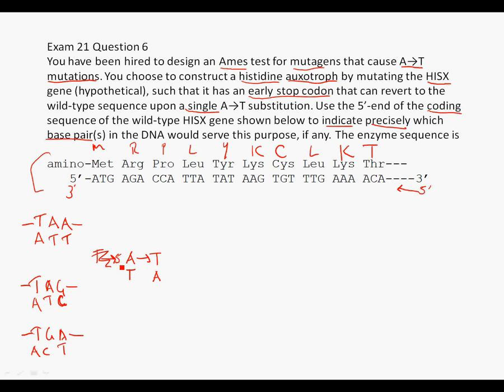Do you see what I mean? 5' to 3', I would have an A, and in the other direction, its complement is a T. So an A to T mutation is essentially the same as a T to A, because if it's an A to T in this direction, it's a T to A in the other strand.